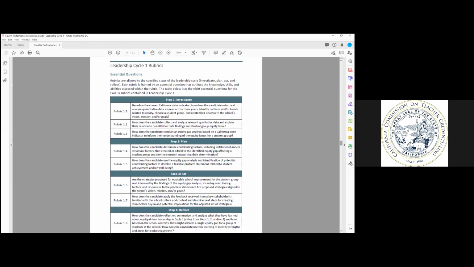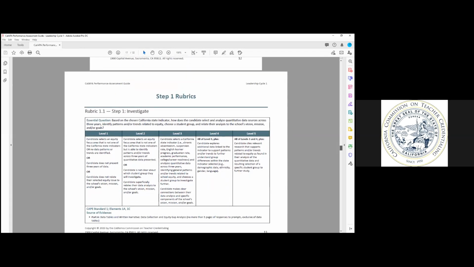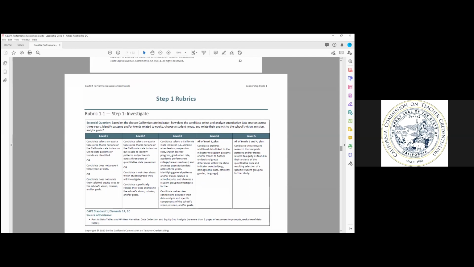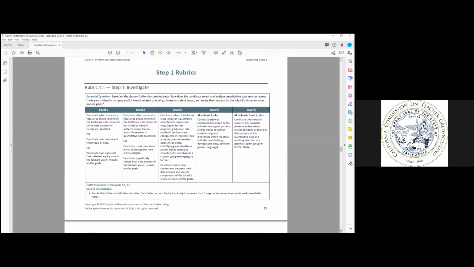So to put a little bit, moving down to one of the rubrics just to show you, the essential question is at the top of the rubric, but it also is repeated in a statement form rather than question in level 3. If you look down at level 3, there is a statement and then a line return, and then a second statement.